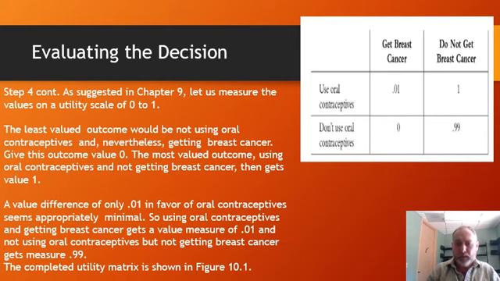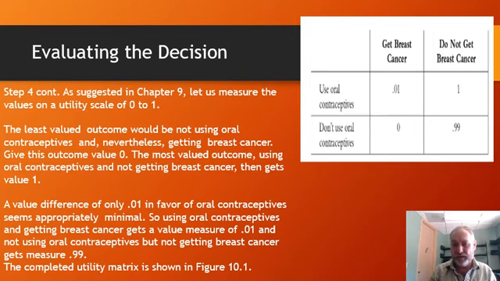So if that's the kind of lottery where you're indifferent, that means you assign a value of 0.01 to using contraceptives, which intuitively means that in the outcomes where you don't get to use the contraceptives, that's sort of a 1% reduction in your quality of life.